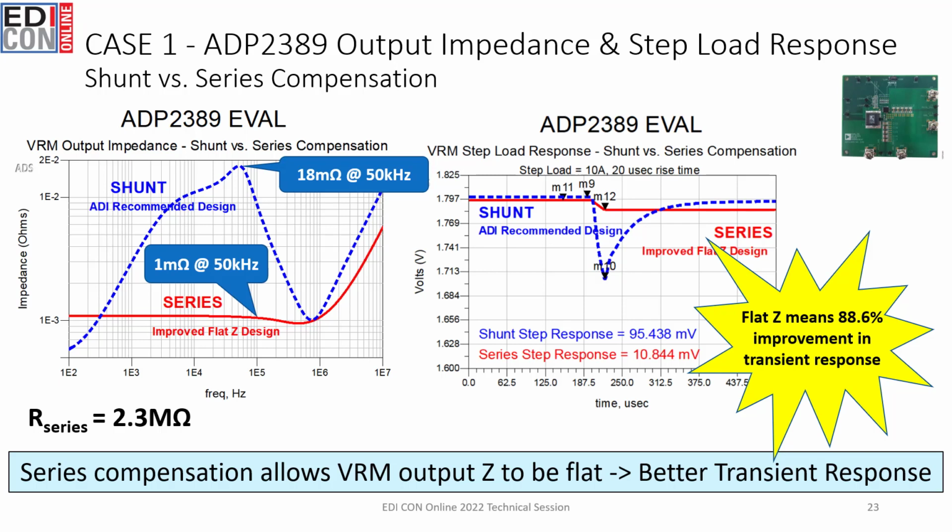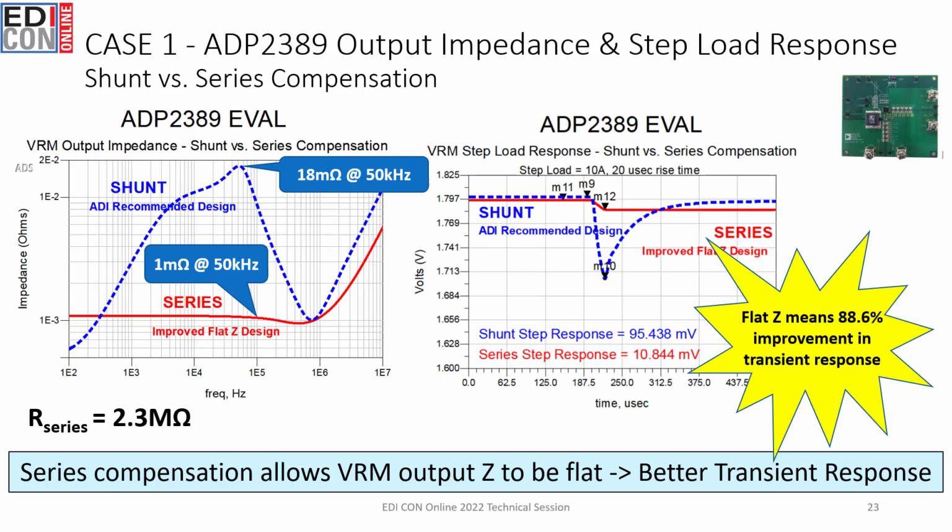Now, if we scale that to 10 amps and move our eyes over to the right plot, we can see the actual results here, and we see 95 millivolts of ripple based on a 20 microsecond step edge and a 10 amp step, versus 10 millivolts of output transient response with the series compensation.